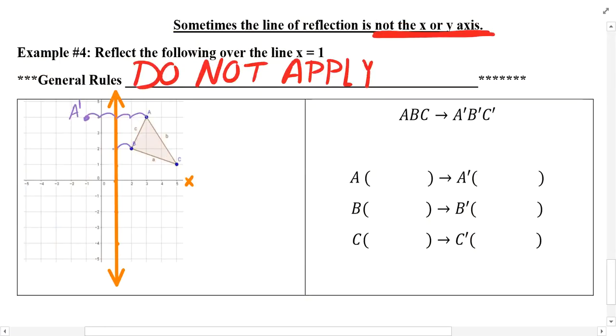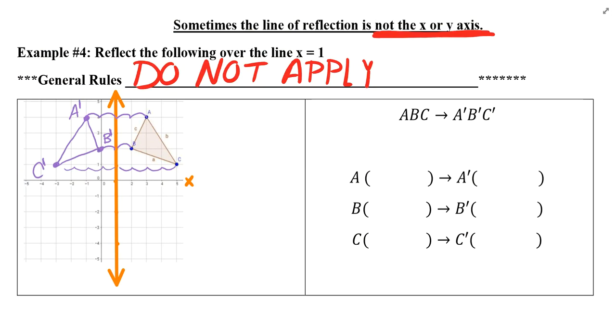So the image of B is going to be 1 unit to the left. Make sure you label it correctly. C is 1, 2, 3, 4 units to the right. So 1, 2, 3, 4 units to the left would be my image of C. And there I have reflected my image across the line x equals 1.